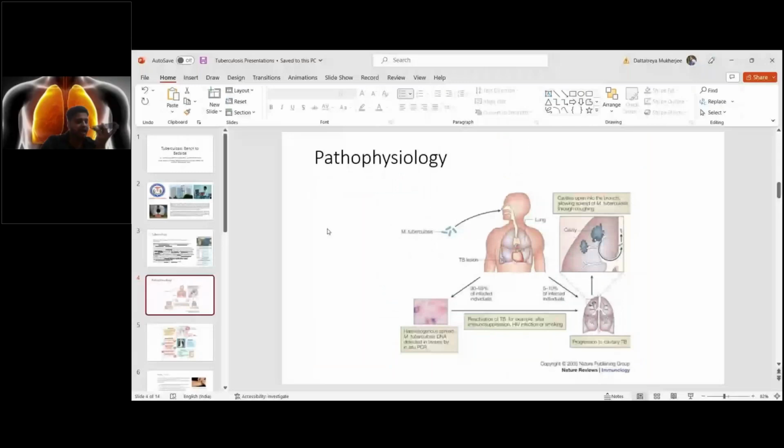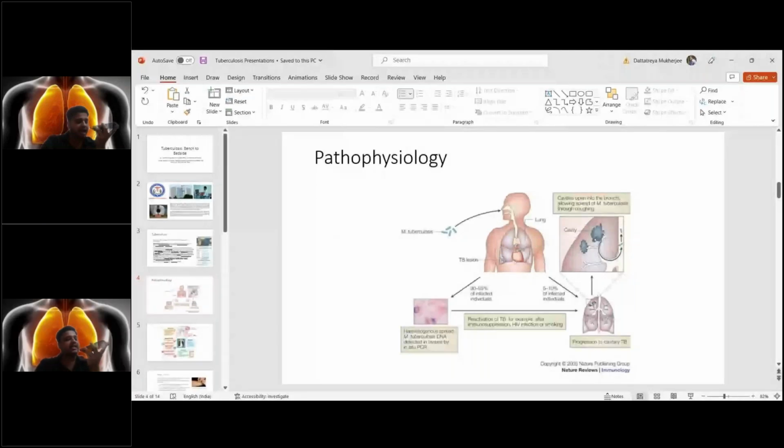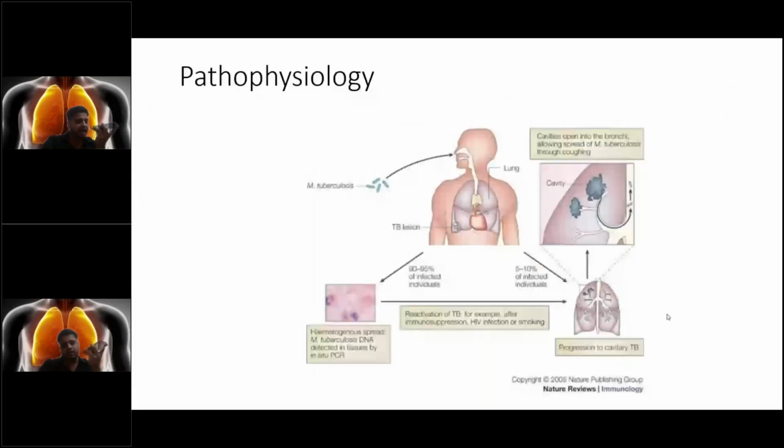Okay, so at that time the macrophage usually works. The macrophage makes a complex with tuberculosis, called the Ghon complex, and the Ghon complex usually spreads through the hilar lymph nodes of the lung.